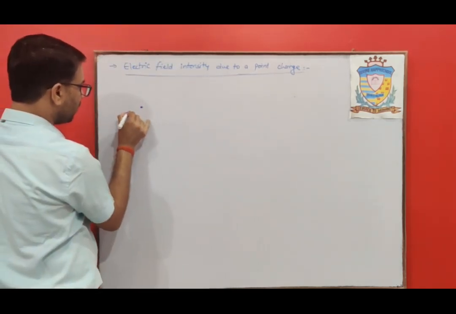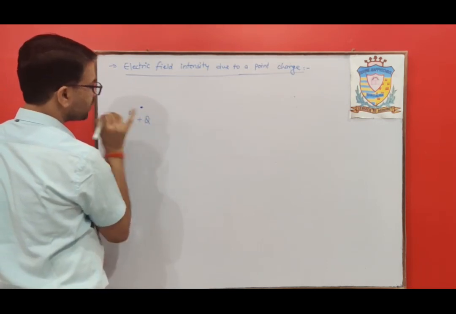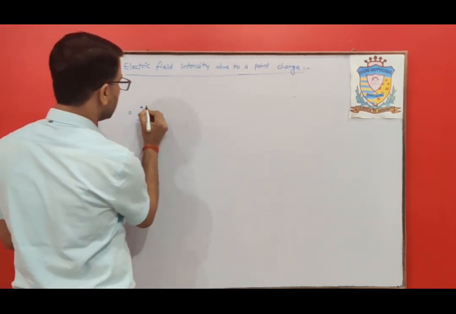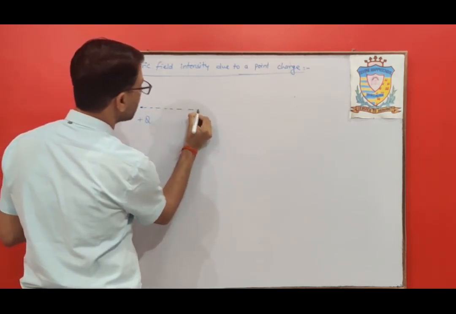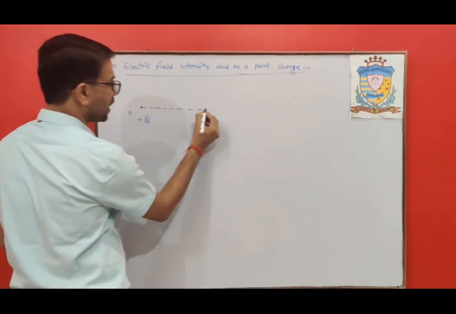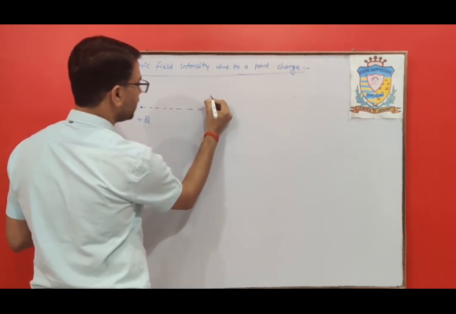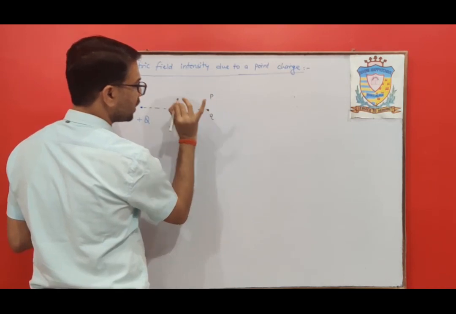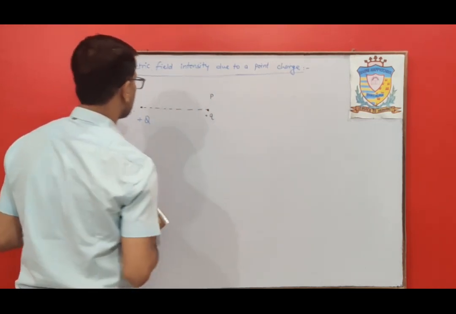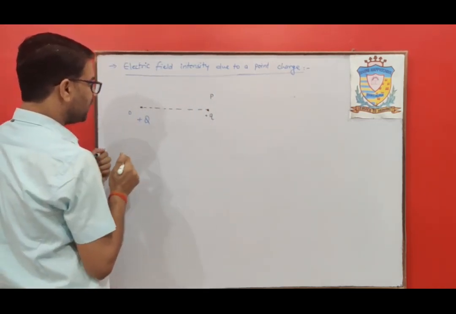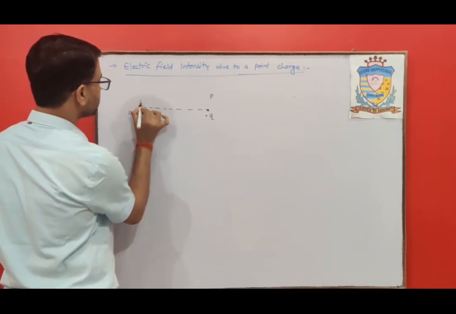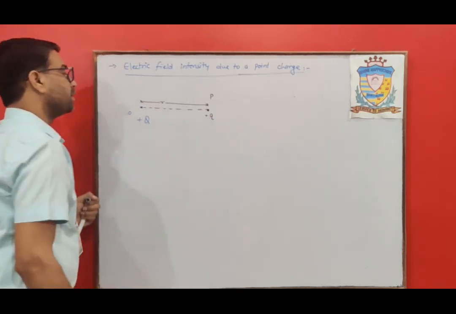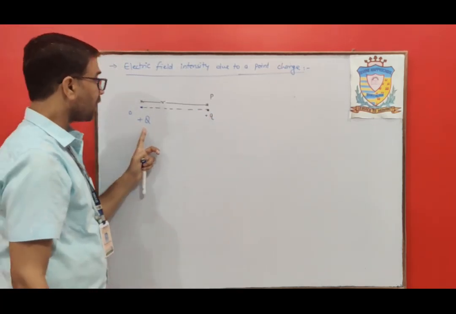Let this point be O and the charge be plus Q. Another test charge is placed at a distance of R from this source charge. This point is P and the test charge is plus q. So the distance between these two, assume that is R.